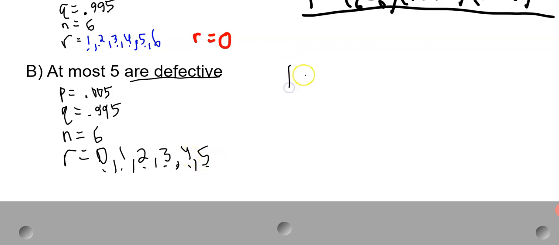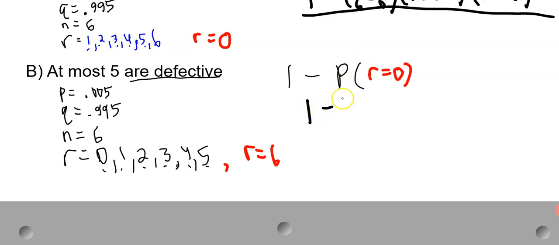Or 1 minus the probability that, in this case, what's the only other case? The opposite is R equals 6. So the probability that R equals 6 here. And then I would just plug that into the formula.